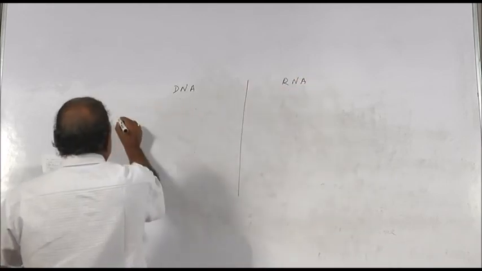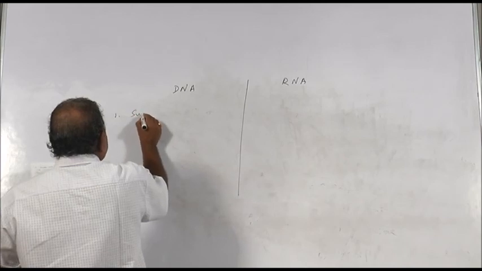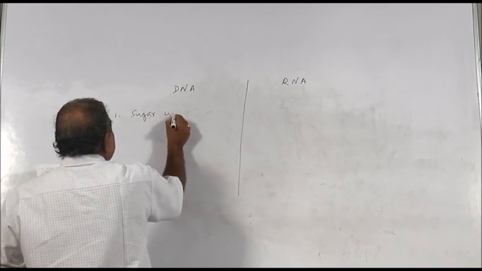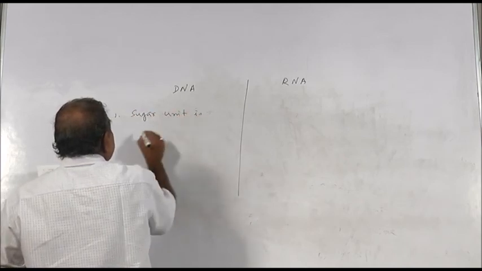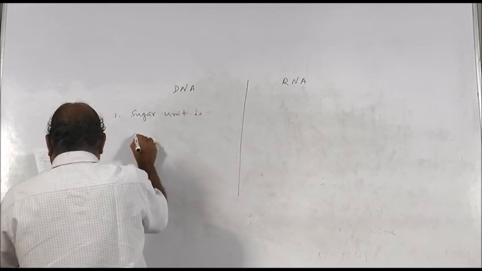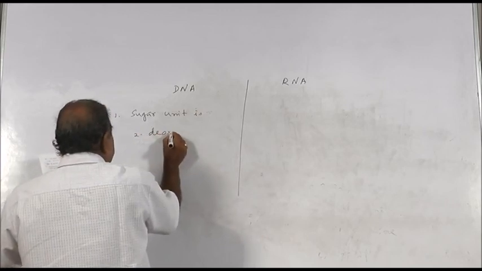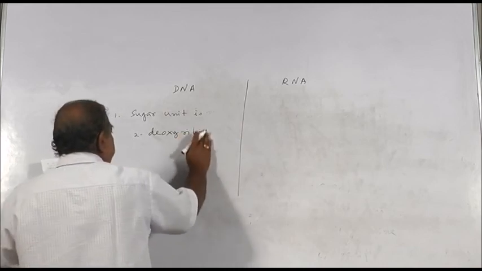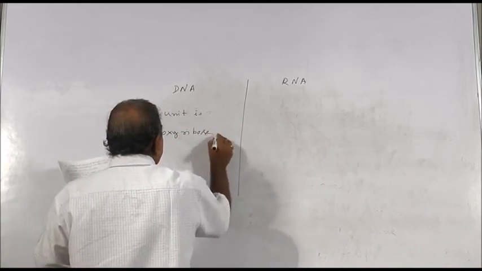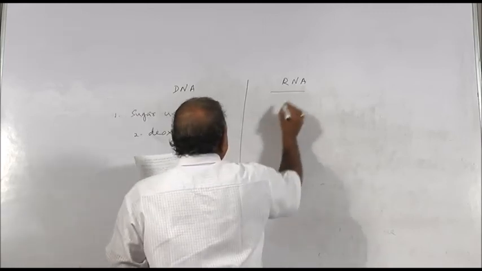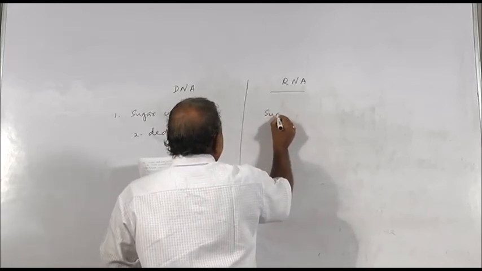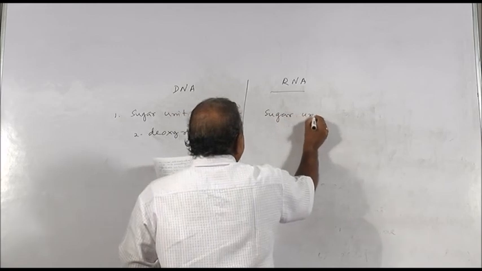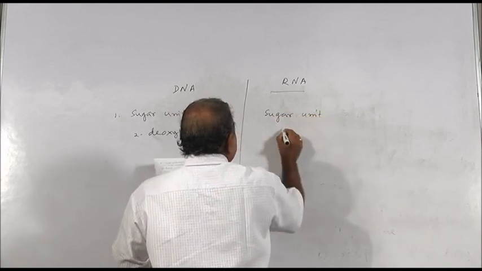Number 1, in DNA the sugar unit is 2-deoxyribose sugar, and in RNA the sugar unit is ribose.